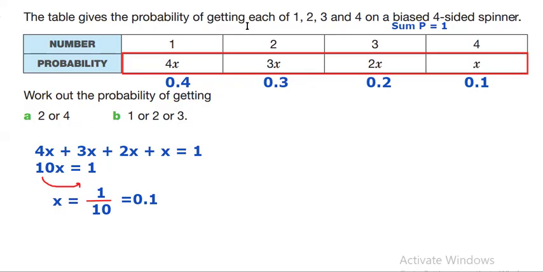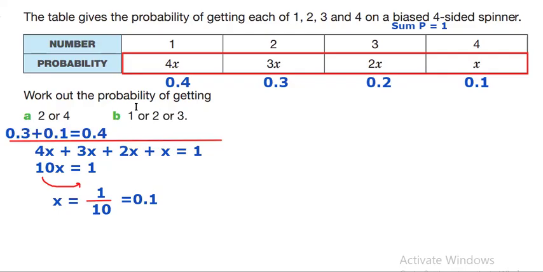The probability of 2 is 0.3. The probability of 4 is 0.1. So we add them together. 0.3 plus 0.1 equals 0.4. And this is the first question.